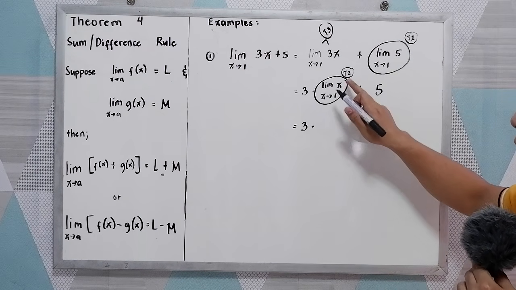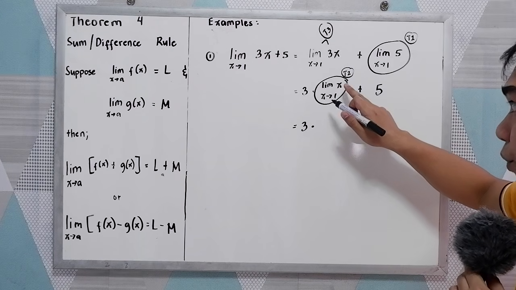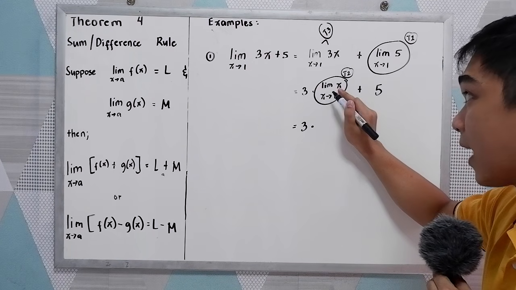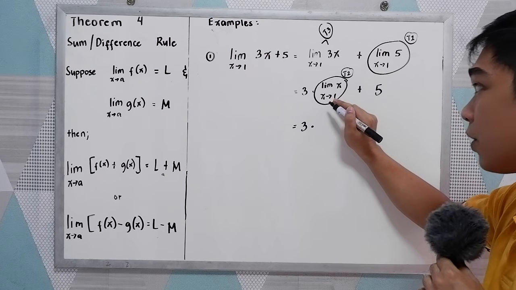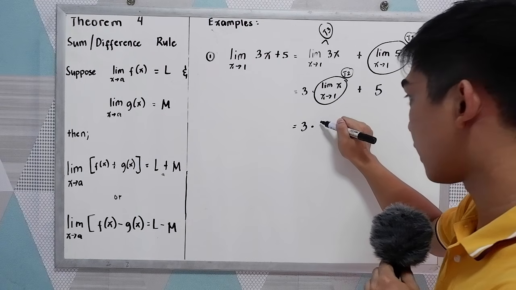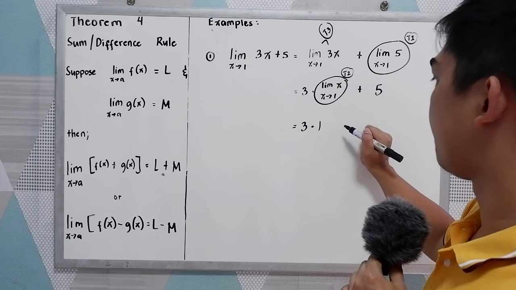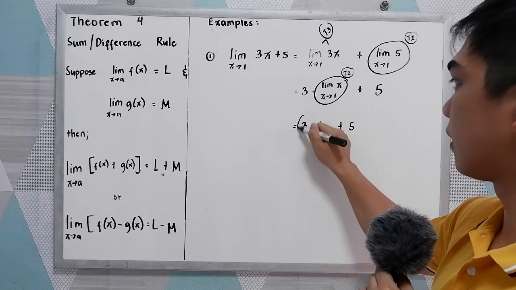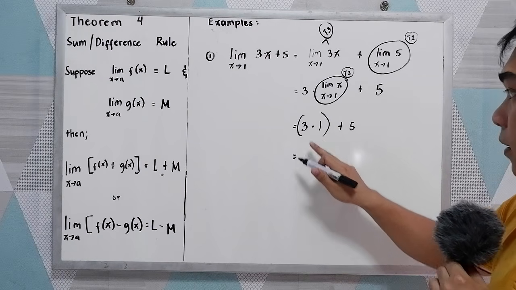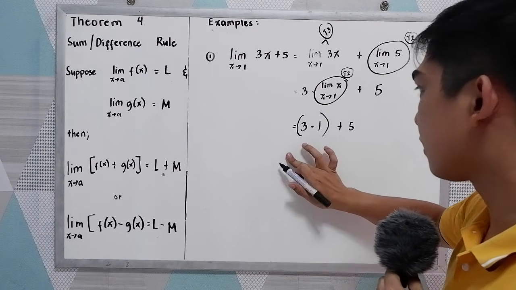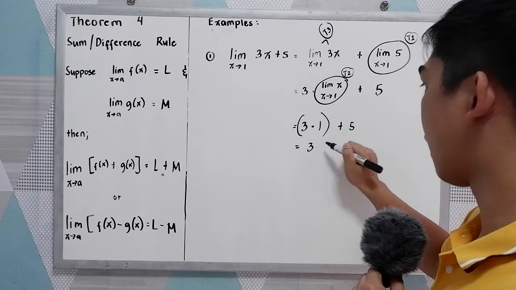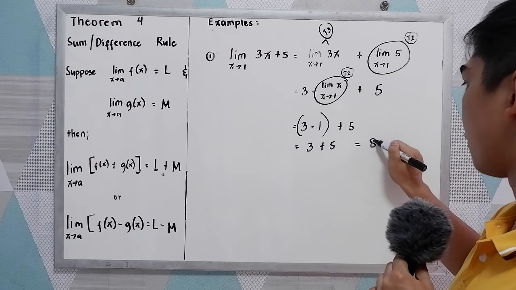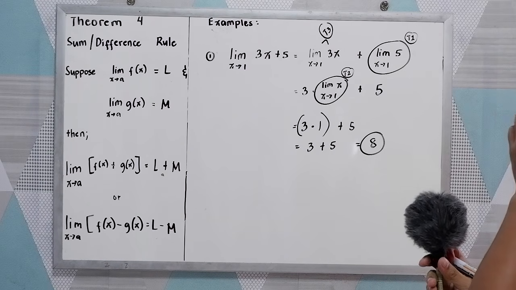Using theorem number 2, that is equal to our a, because we have the limit of x, that is equal to where we are approaching, which is 1, plus 5. Now 3 times 1, that is 3, plus 5, and 3 plus 5 is equal to 8. Okay?